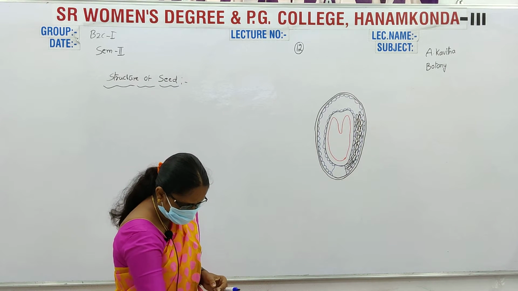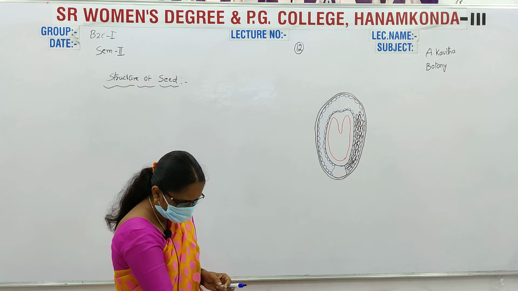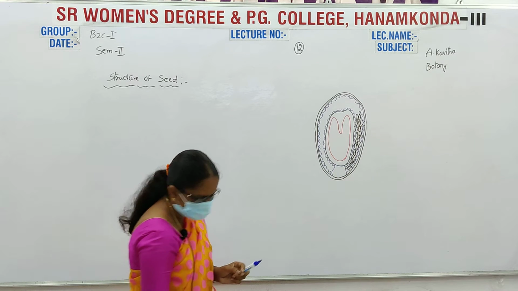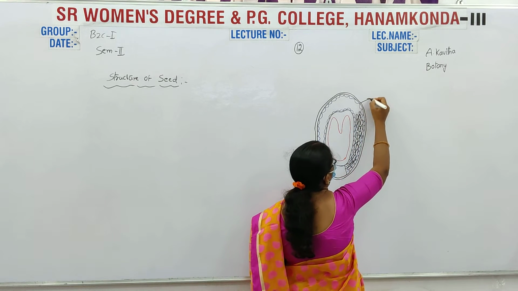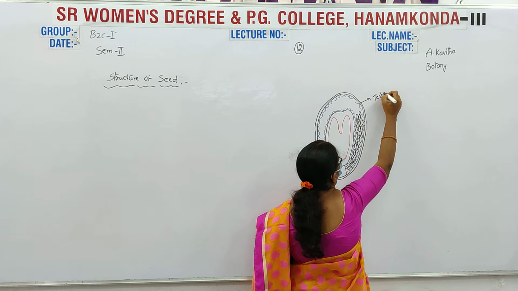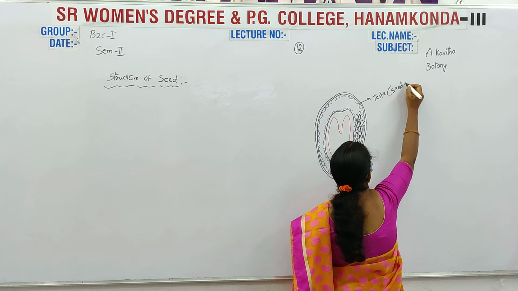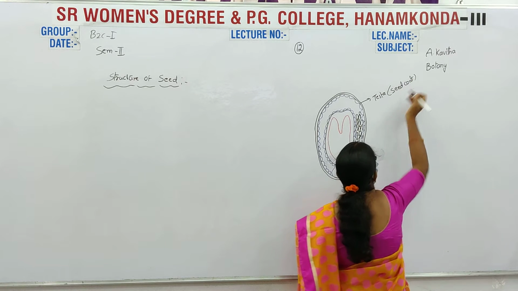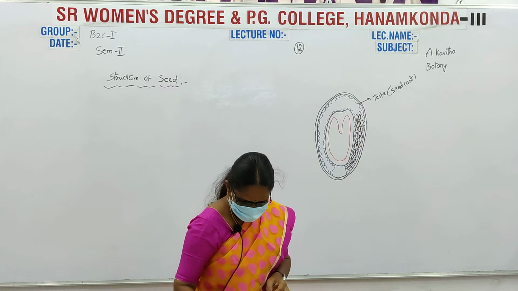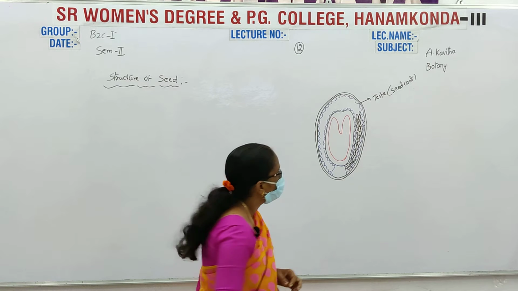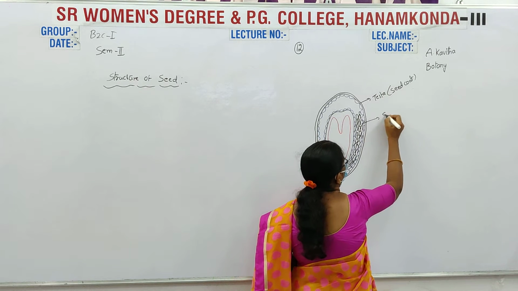This is called testa or seed coat. And this is endosperm.